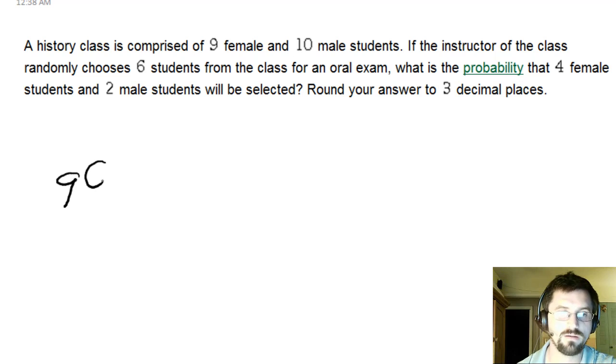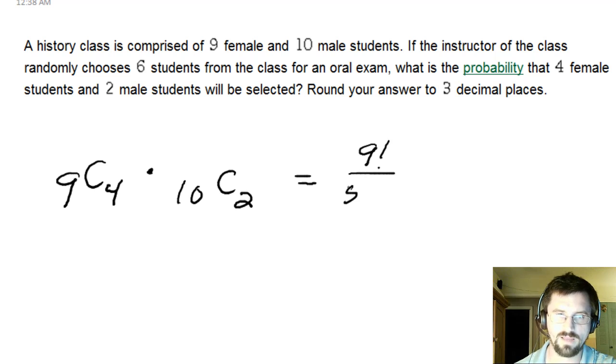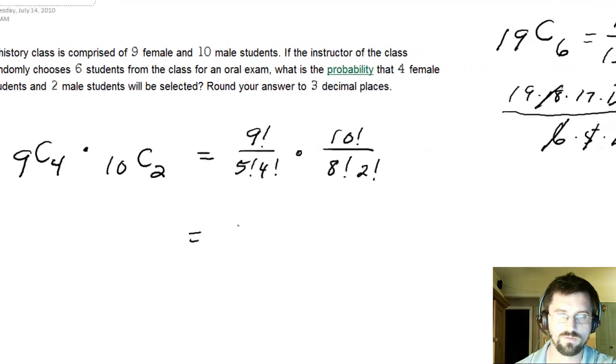So 4 out of 9 are chosen, and 2 males out of 10. So 10 choose 2. Our numerator is going to be 9 choose 4, which is 9 over 5, 4, times 10 over 8, and then 2. And this one's pretty easy.